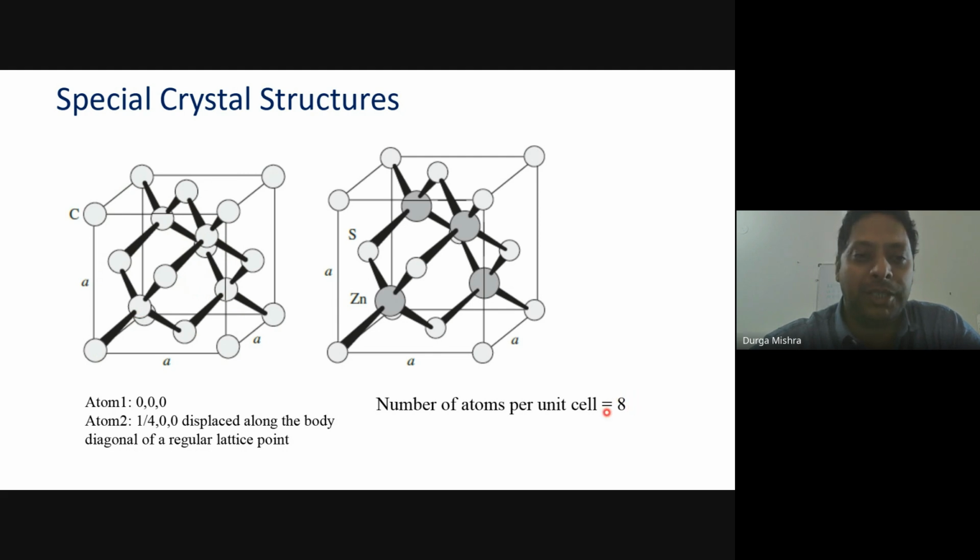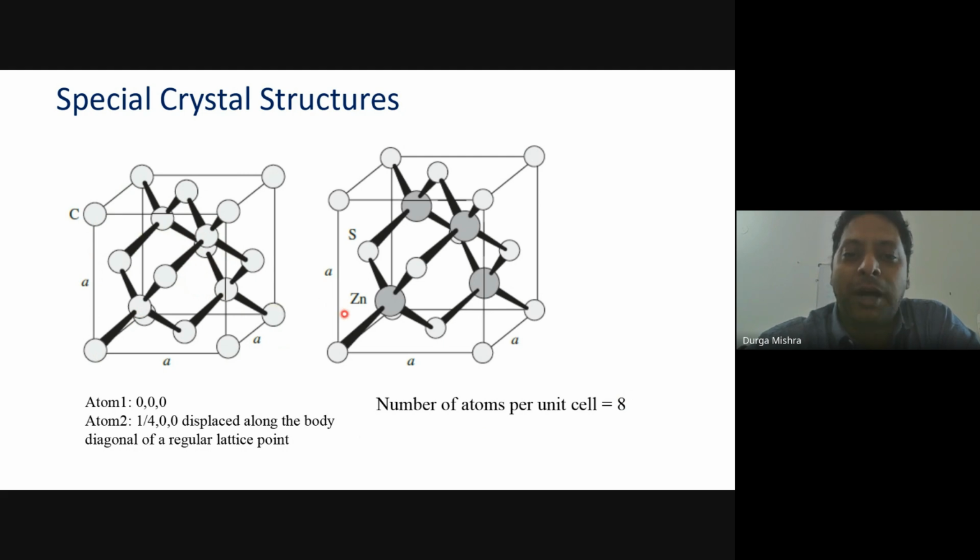This is still an FCC crystal, but this is how the diamond crystal structure looks. A similar crystal structure also applies to silicon, which has a diamond-like crystal structure, with eight atoms per unit cell.